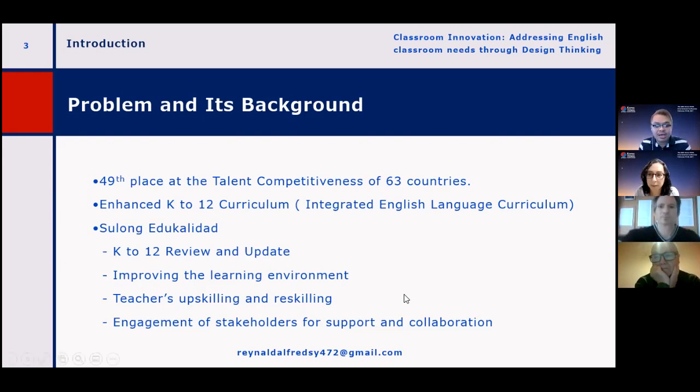And then because of this curriculum enhancement, we also have to undergo the K to 12 review and update because it has been like 5 years already or more. So we are actually undergoing the review and update.